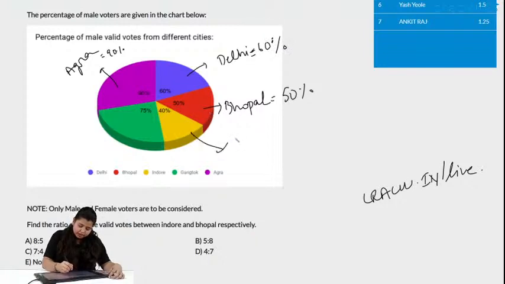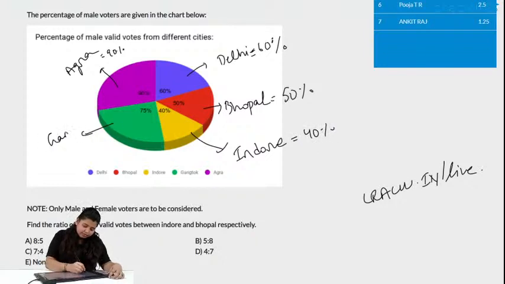The yellow one is Indore, data given is 40%, and the green one is Gangtok, and the data given here is 75%.